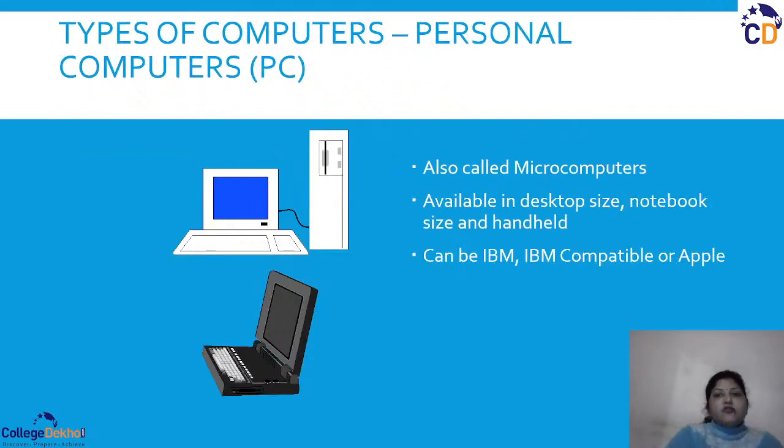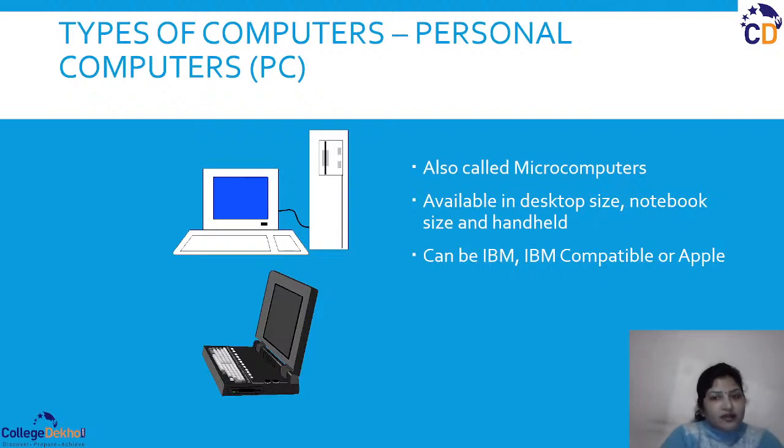Let's talk about some of the hardware, some of the systems, some of the types of computers. Everybody is using these types of computers, but they may not be referring to them by name, right? The first is the desktop or personal computer. They are also called microcomputers. Available in desktop size, notebook size, and handheld.